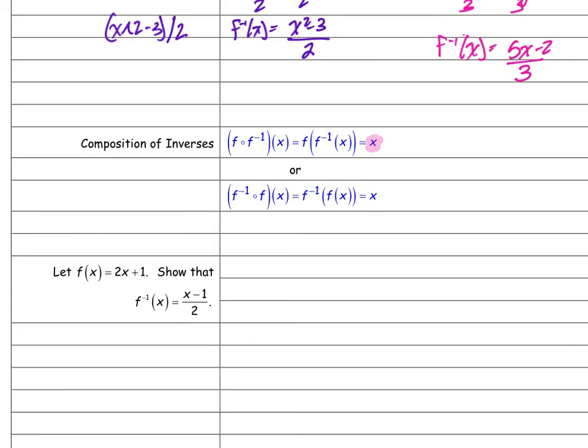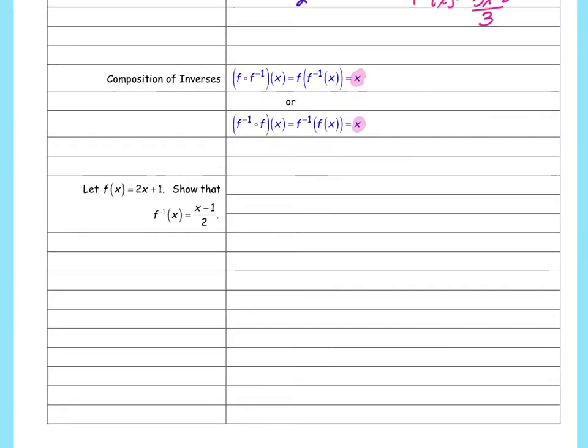If I put f inside of f inverse, which is what the second one says, and simplify all the way down, I should get x if they're inverses. So that's a way to verify or show that the 2 are inverses, whichever way they decide to word the question. I've seen them worded both ways. So I'm going to show you how it works.